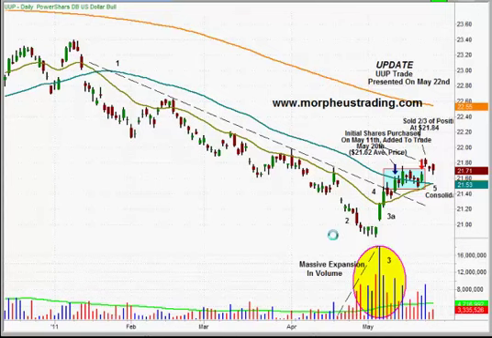Now, the next thing that we're looking at is that when you hit the bottom of capitulation, you'll notice that we have 1, 2, 3, 4 candles in a row where we couldn't break to a lower low, no matter how much volume was coming in to this particular ETF UUP. It consolidated at these lows.